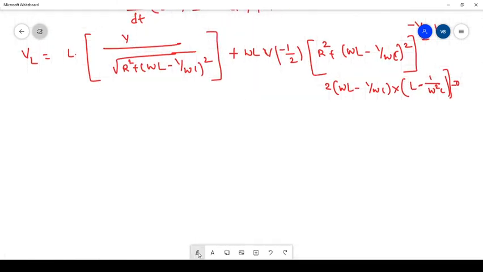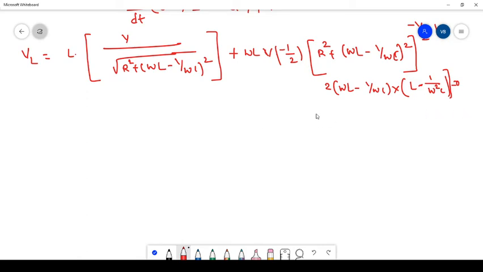So you can simplify here. Okay, so here we derived this one, and we are going to equate this to 0.